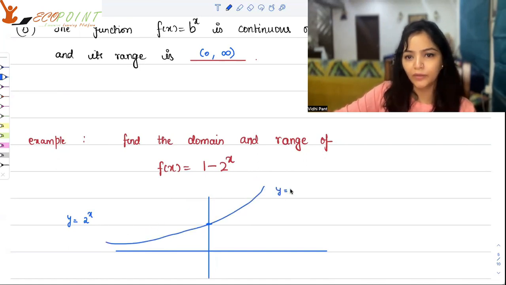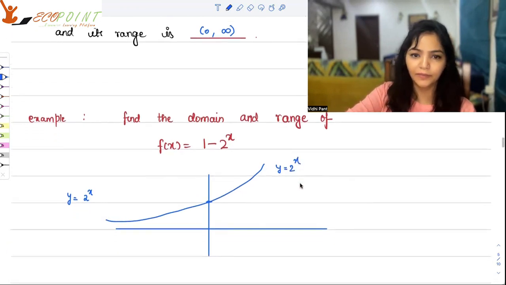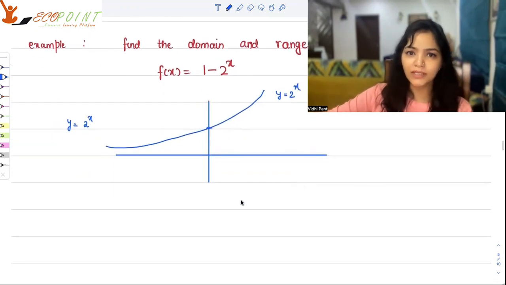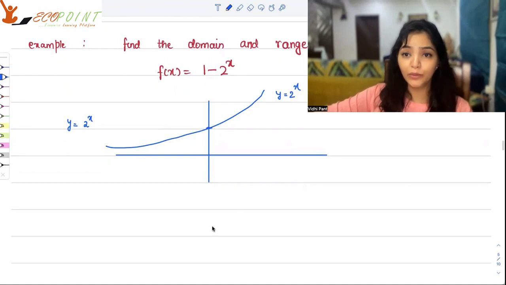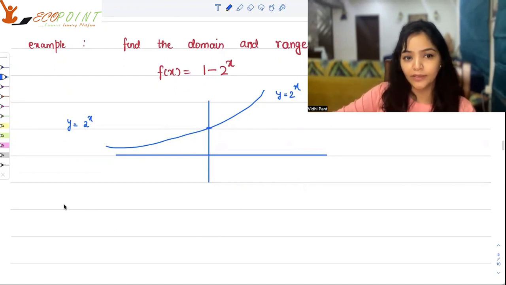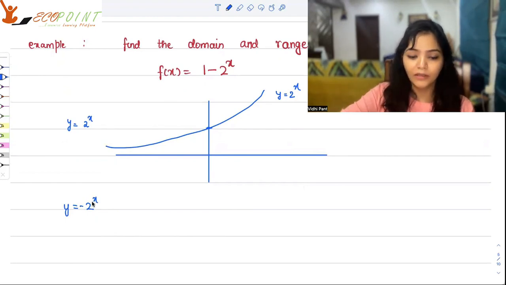So y equals 2 to the power x. I am interested in y equals minus 2 to the power x. You can get it by taking the reflection of this graph across the x-axis.